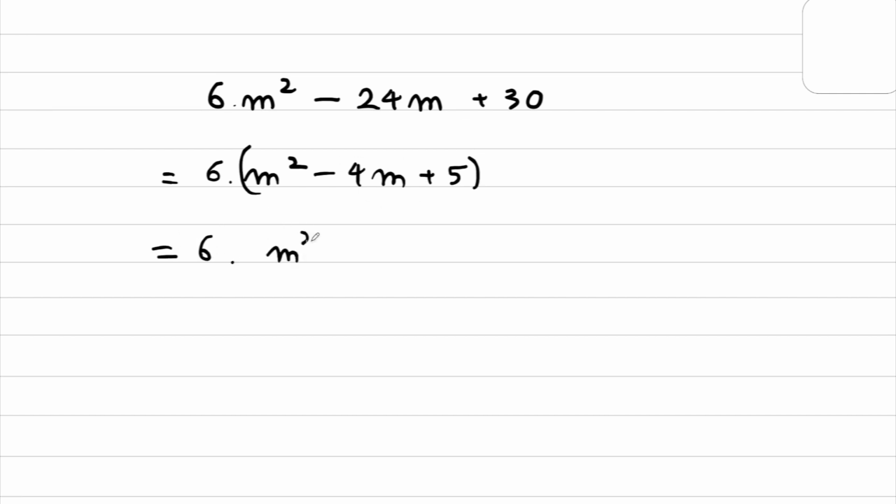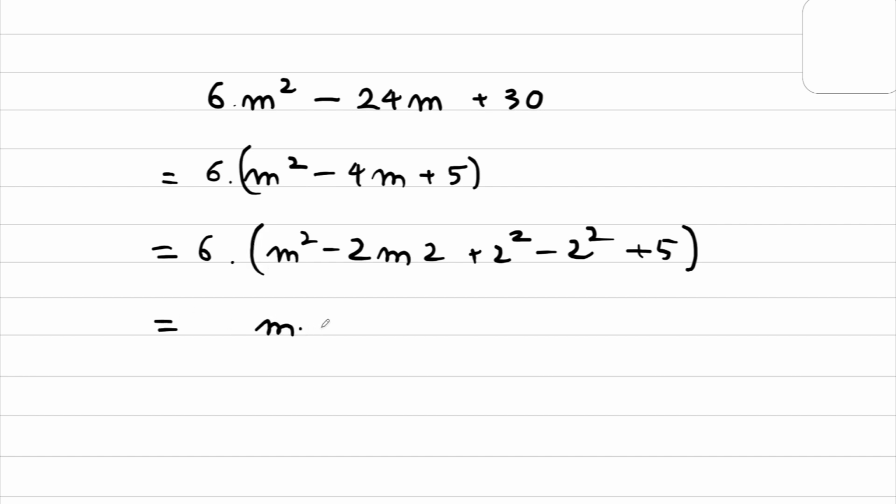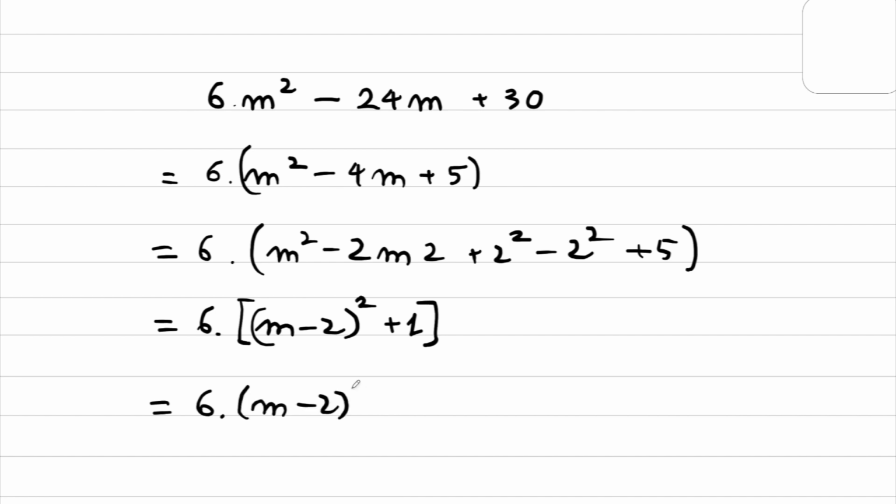Here you've got m squared minus 2 times m times 2 plus 2 squared, plus 6. And m minus 2 squared minus 4 plus 6 equals plus 2. And for here you've got 6 times the bracket m minus 2 squared and plus 12 for the last answer, the last one.